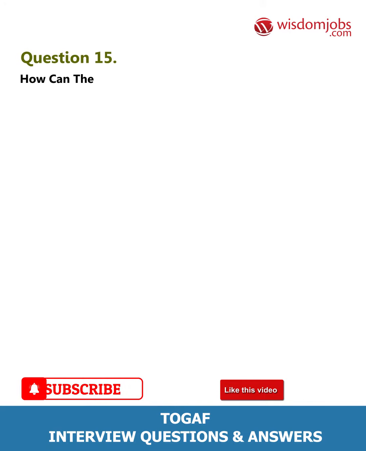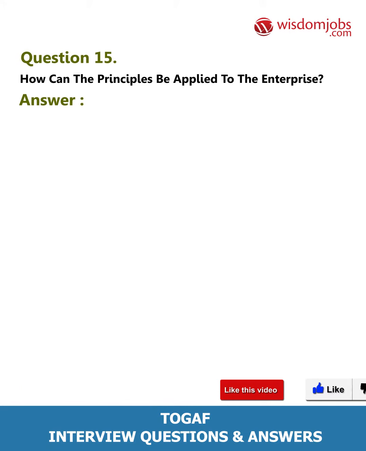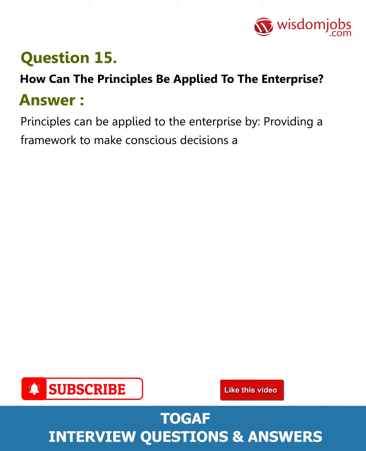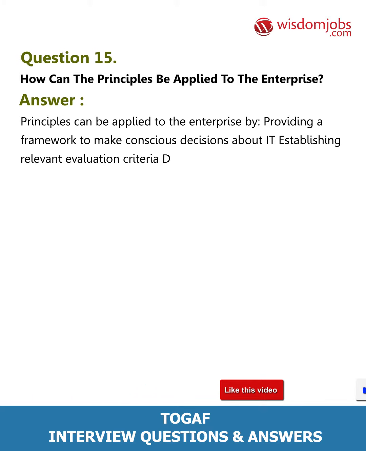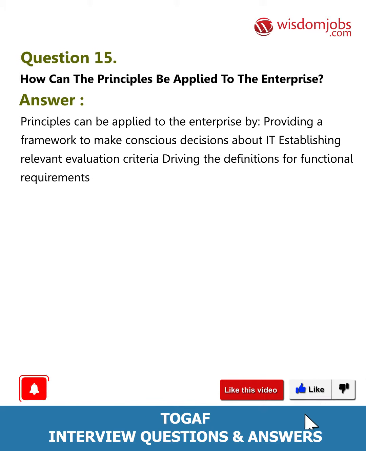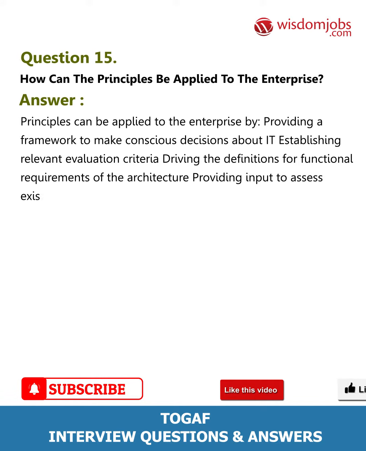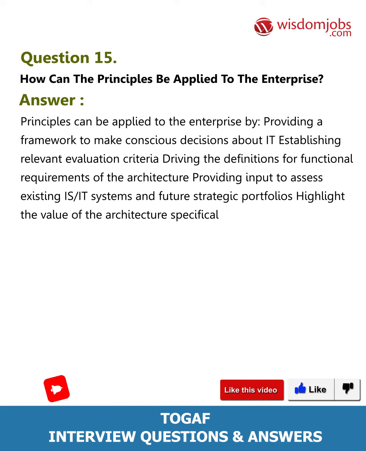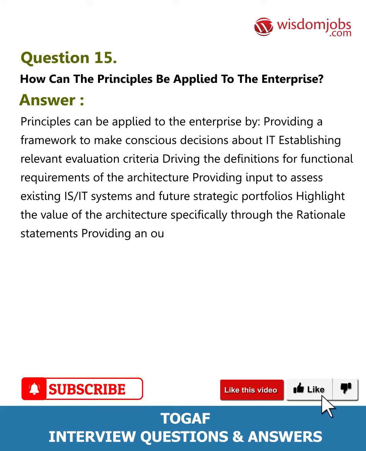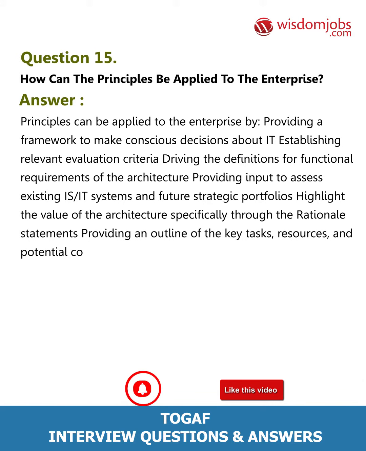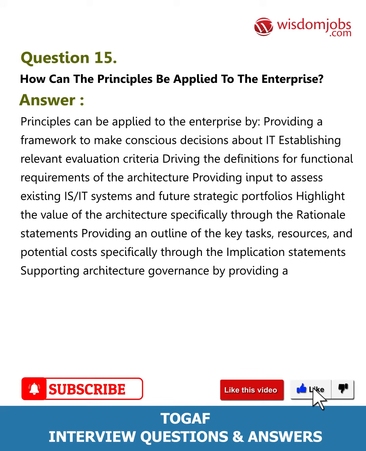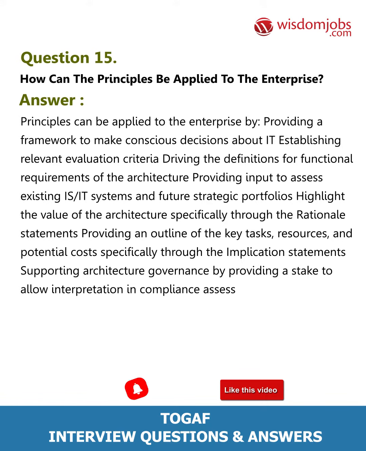Question 15. How can the principles be applied to the enterprise? Answer. Principles can be applied to the enterprise by providing a framework to make conscious decisions about IT, establishing relevant evaluation criteria, driving the definitions for functional requirements of the architecture, providing input to assess existing IT systems and future strategic portfolios, highlighting the value of the architecture specifically through the rationale statements, providing an outline of the key tasks, resources, and potential costs specifically through the implication statements, supporting architecture governance by providing a stake to allow interpretation in compliance assessments, and supporting the decision to initiate a dispensation request.